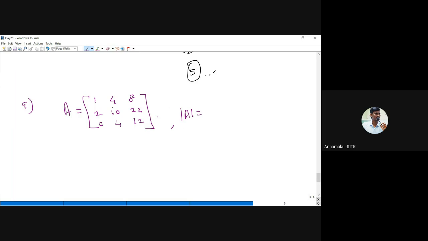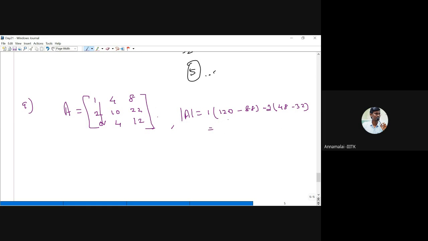Expanding via the first column, because the first column contains a 0. So 1 into 10 into 12 is 120, minus 4 into 22 is 88, minus 2 times (4 into 12 is 48, minus 4 into 8 is 32), and then 0 into something is 0.